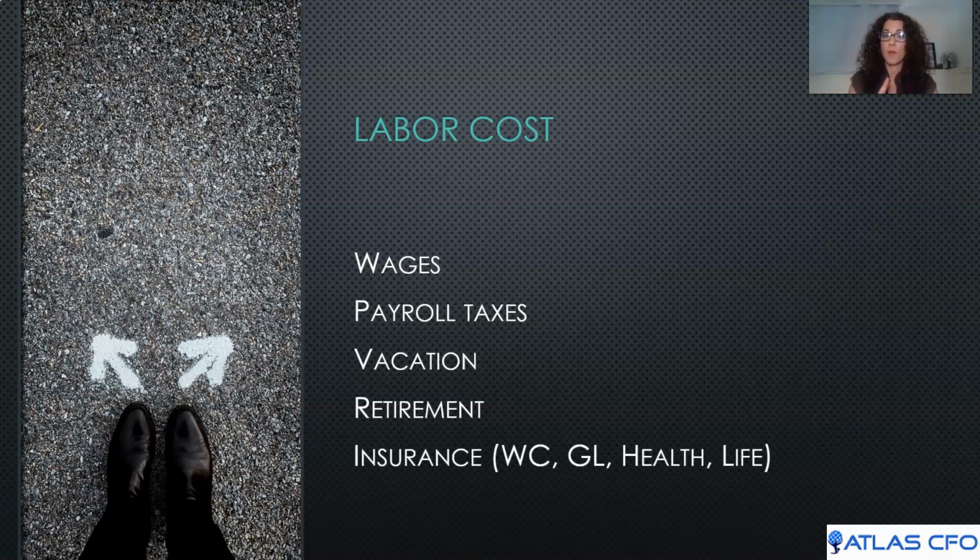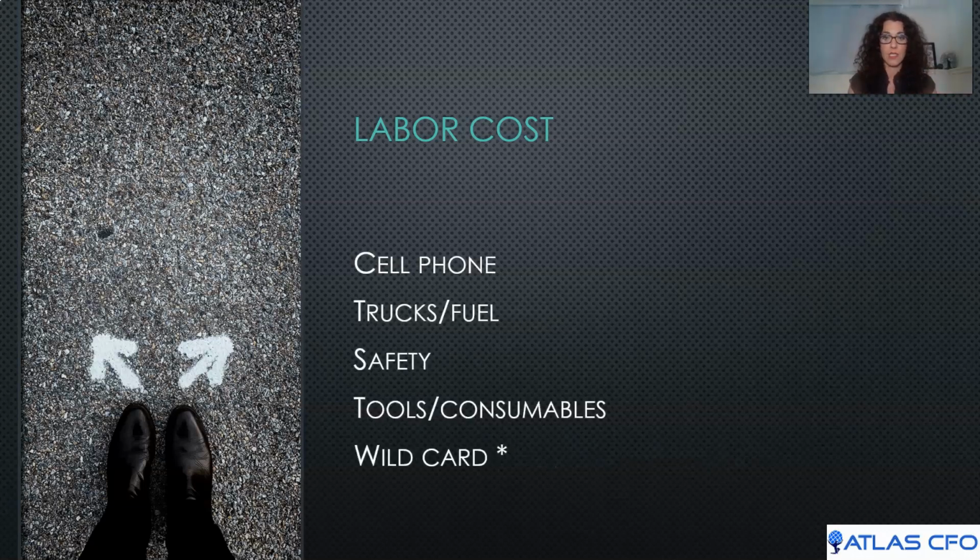You could have work comp, general liability, health insurance, life insurance. There's a lot of different pieces that would go into that. This line item is based on the employer cost, not the employee cost. Sometimes the employee may elect to have some additional insurance. That's not this one. That is just employer.